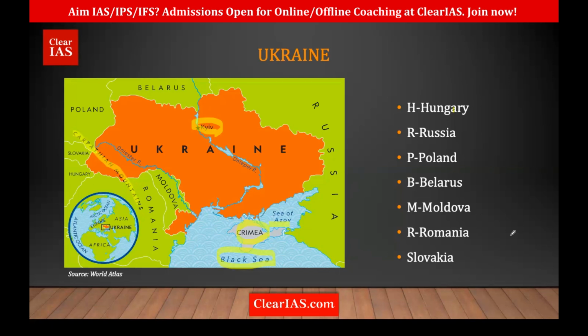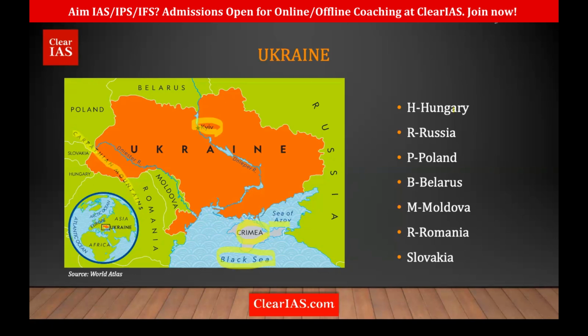So Hungary is there, Russia is there, Poland, Belarus, Moldova, Romania, and Slovakia. Hungary, Russia, like a polar bear, ate Mors, Ukraine. Remember Mors, Ukraine. Clear?